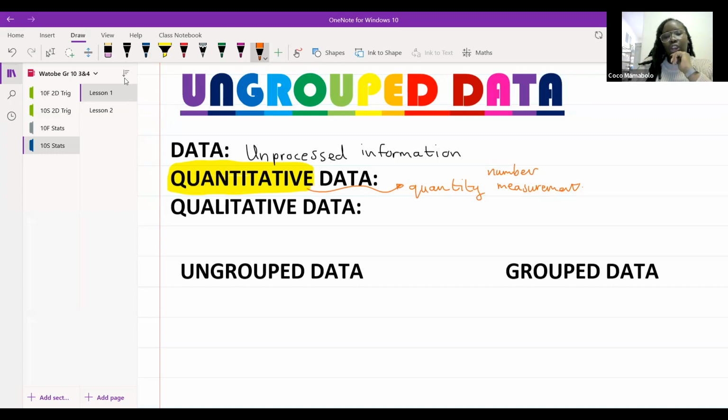Can you give me an example? Books. Okay, I can see books. Like if we're counting how many books, but look at Hugo's example. Hugo's saying a cup of water. If we had to measure a cup of water, what kind of answer would we get? Or if we had to measure how much water was in a cup, what kind of answer would we get?